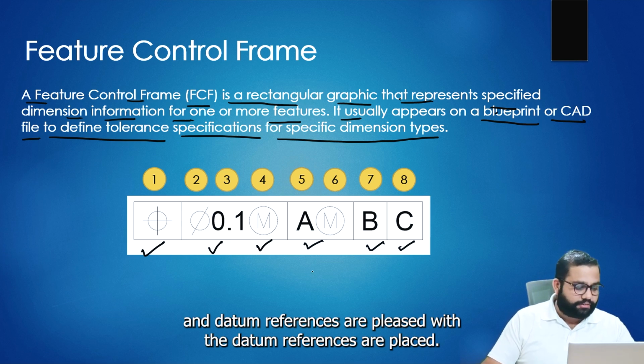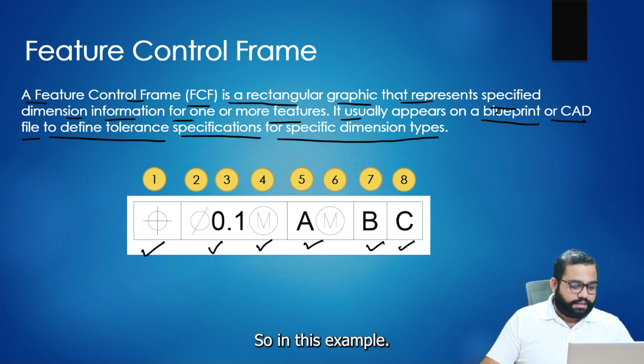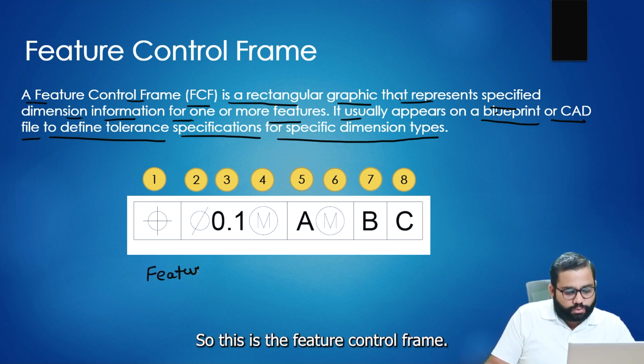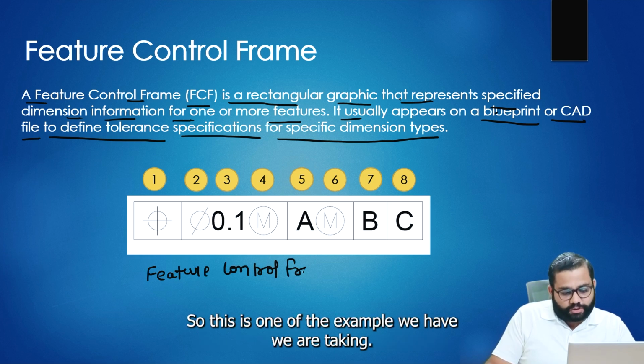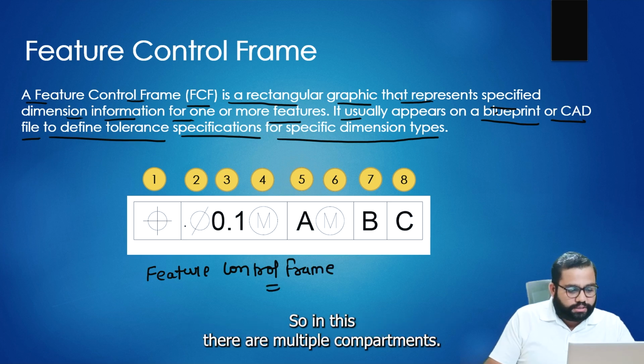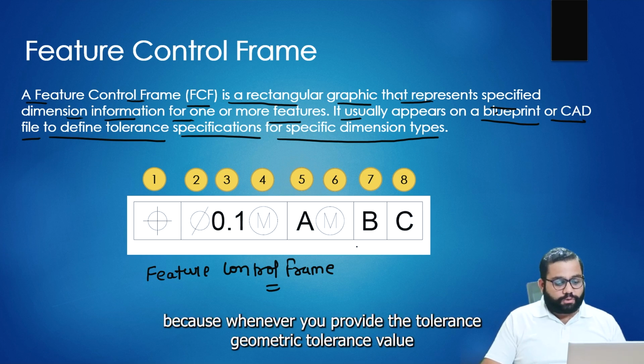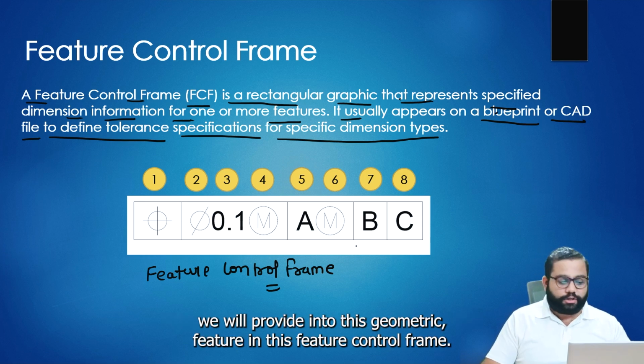So this is an example of the feature control frame. This is one of the examples we are taking, and you can see there are multiple compartments in it. It is important because whenever we provide a geometric tolerance value, we provide it in this feature control frame.